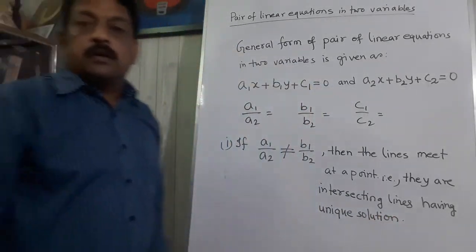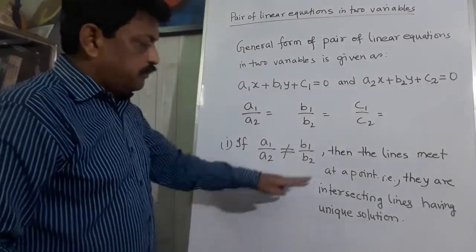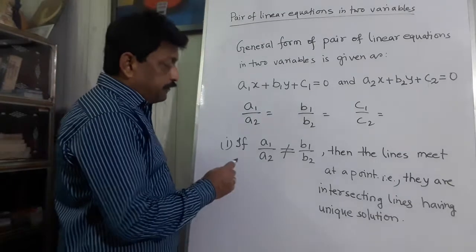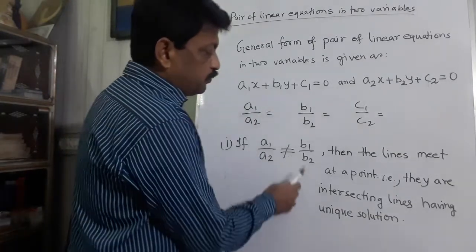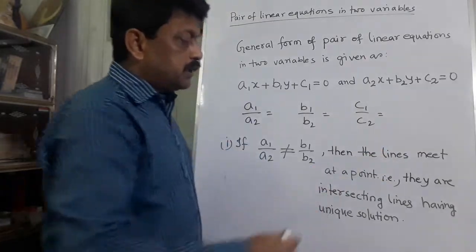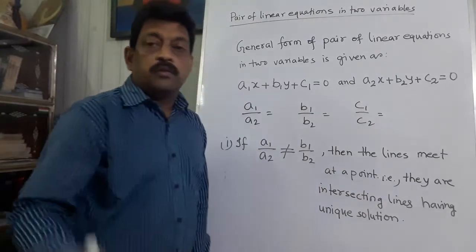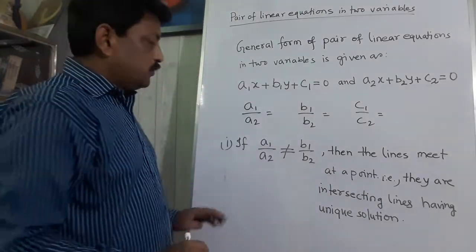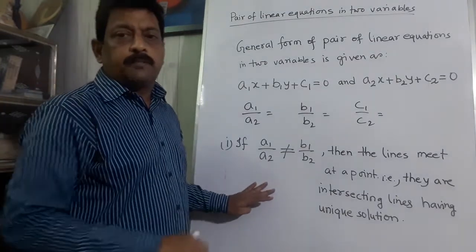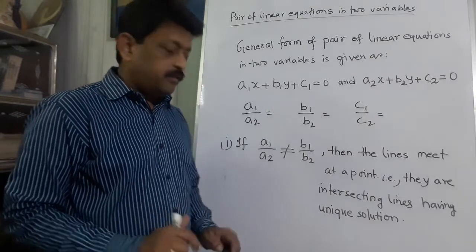Since the intersecting lines meet at only one point, it will have only one solution. Therefore, the first condition says that if a1 by a2 is not equal to b1 by b2, then the lines meet at a point, that is they are intersecting lines, and will have only one solution, that is a unique solution. Got it? So here we don't have to plot it on the graph paper. By this formula we can find whether the lines are intersecting or not.